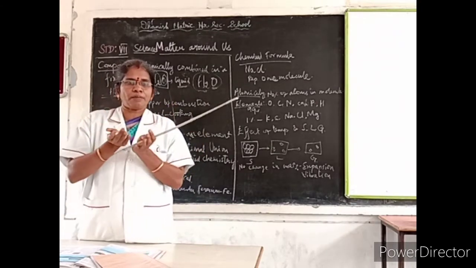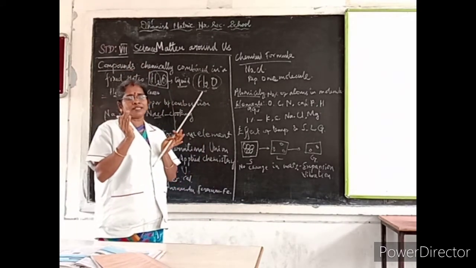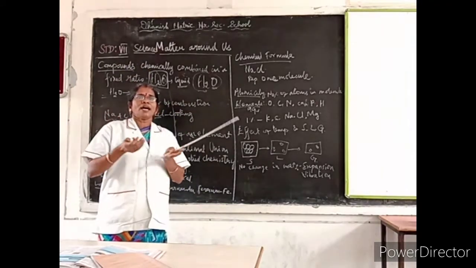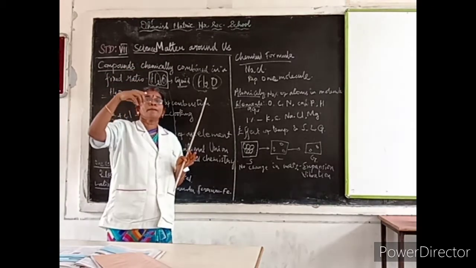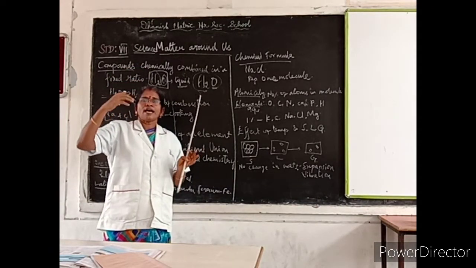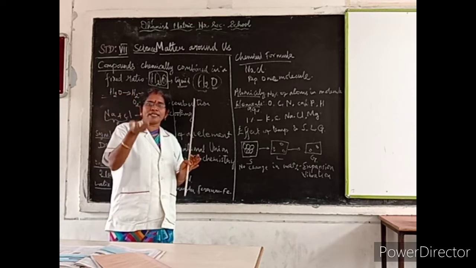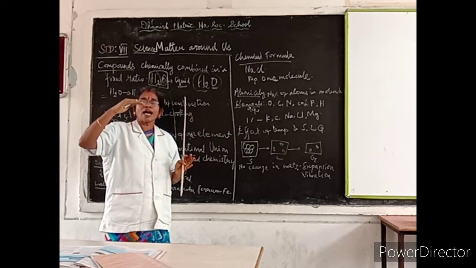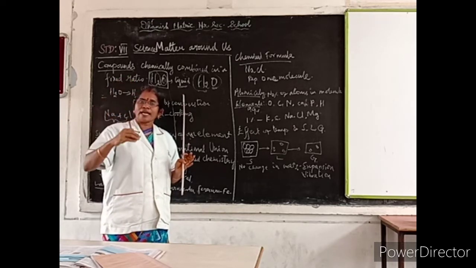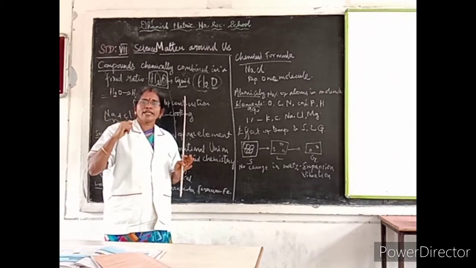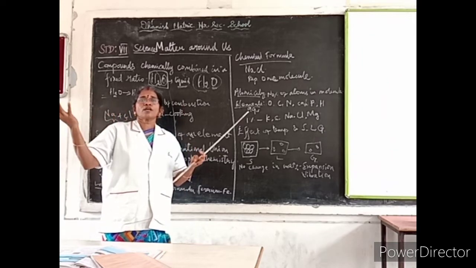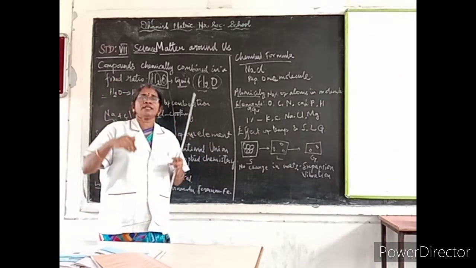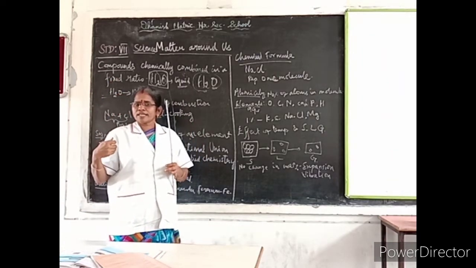Do you remember the bell jar experiment? You take a bell jar and keep a burning candle inside it, and the candle will burn. If you close the jar with the lid, after some time the candle will stop burning. Why? Because no oxygen supply will be inside the jar.